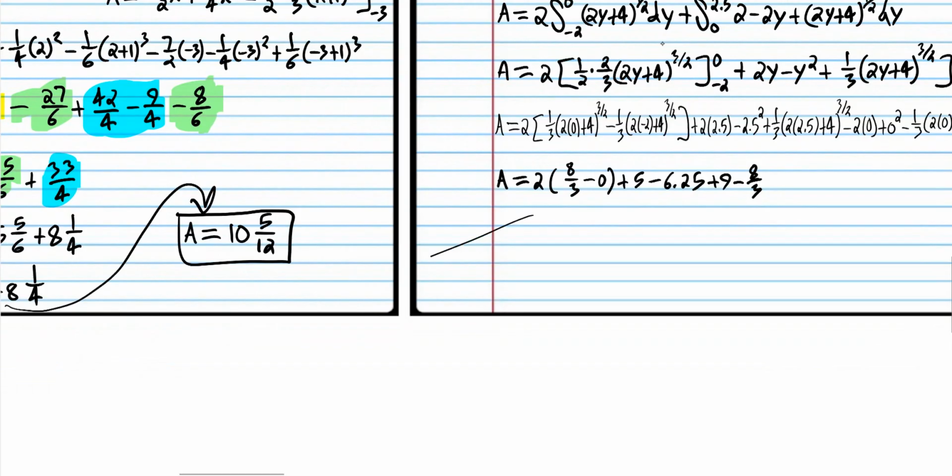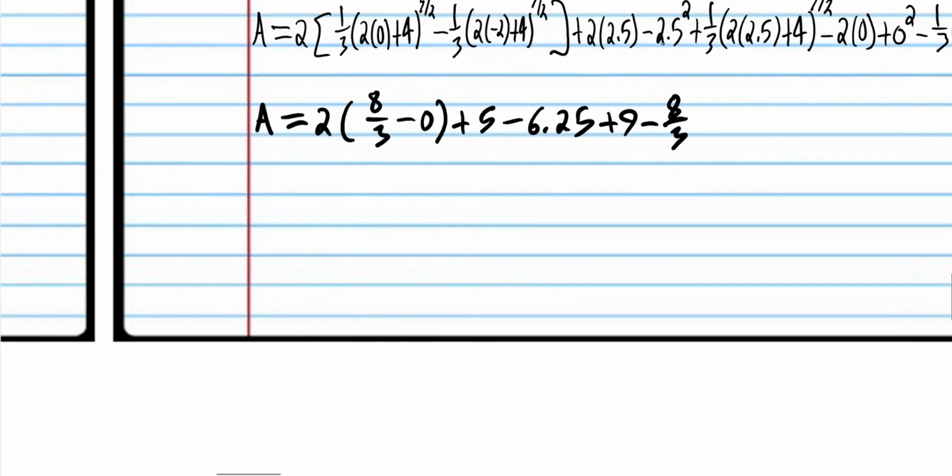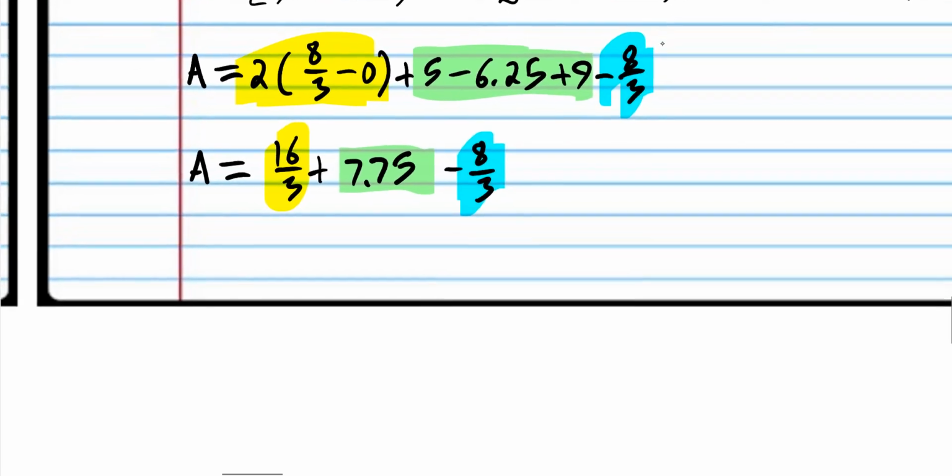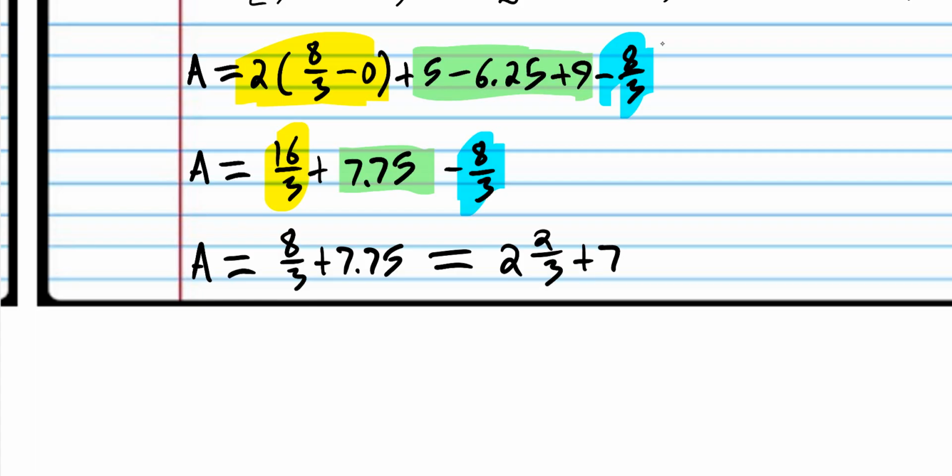Okay, so if we did this correctly, we should get 10 and 5/12. So we'll see what happens here. So then we get 16/3. So put all these together, and we've got 7.75. And then we've got 8/3 plus 7.75, which is the same as 2 2/3 plus 7 3/4.